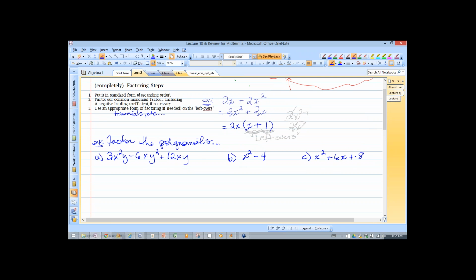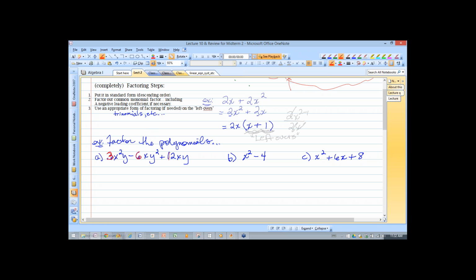So now let's look for a common monomial factor. Let's look at the numerical portion of these guys. Look at the 3, the 6, and the 12. What is that greatest common factor? In other words, what's the largest number that is a common factor of each of these? I would say a 3 would be the one, right?